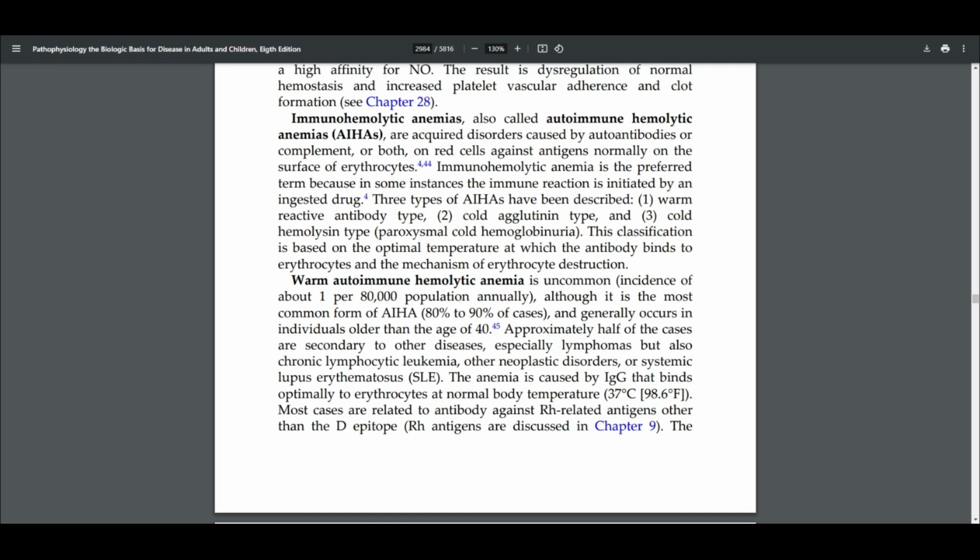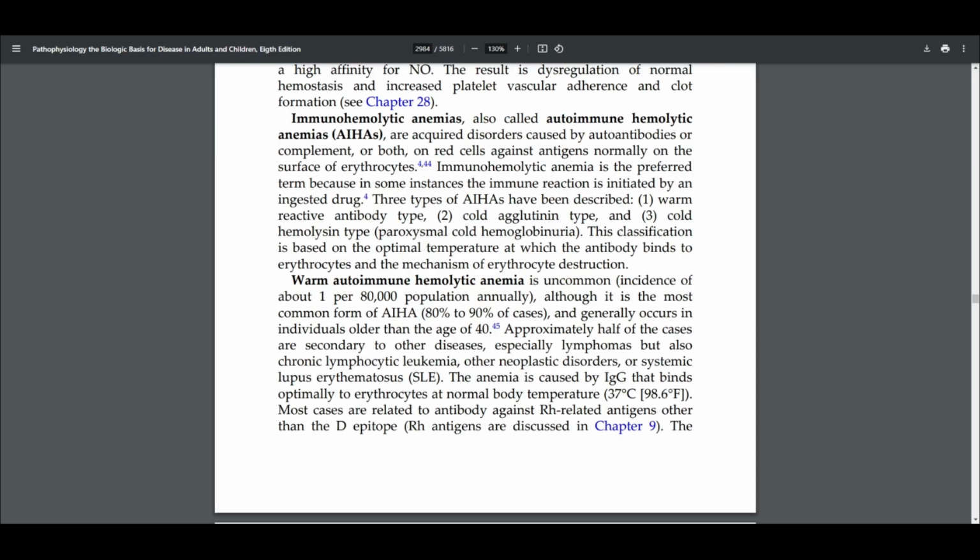Immunohemolytic anemias, also called autoimmune hemolytic anemias, are acquired disorders caused by autoantibodies or complement, or a combination of both, on red cells against antigens normally on the surface of the erythrocyte. Immunohemolytic anemia is the preferred term because in some instances the immune reaction is initiated by an ingested drug.